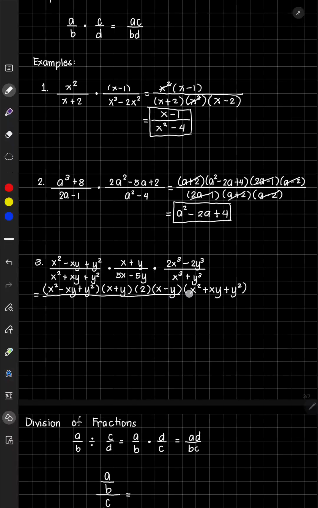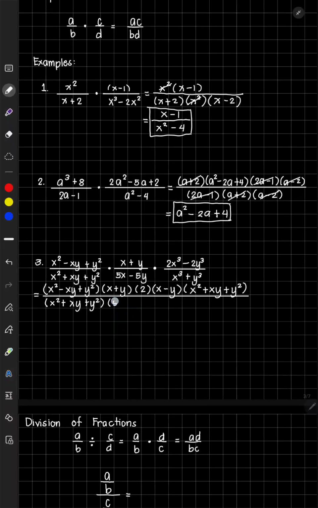So next, for the denominator, the x squared plus xy plus y squared has no factors or simplification for that. So we have x squared plus xy, just copy. While this one, we can factor out 5.